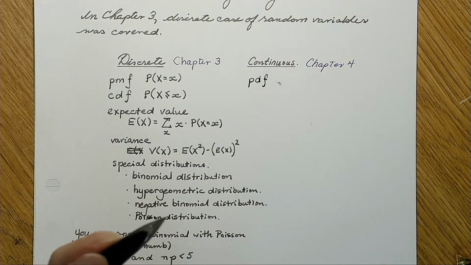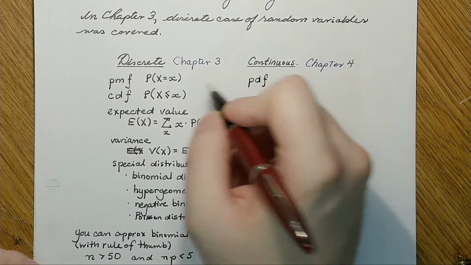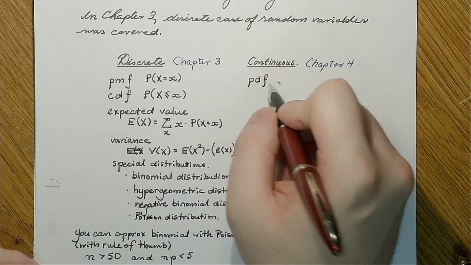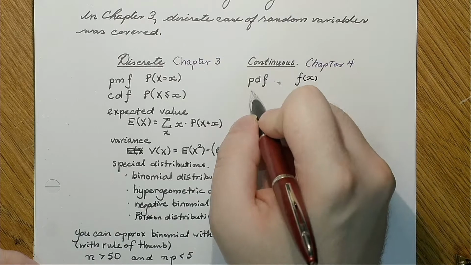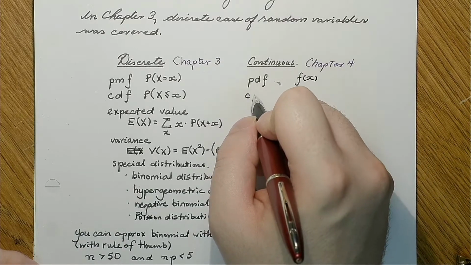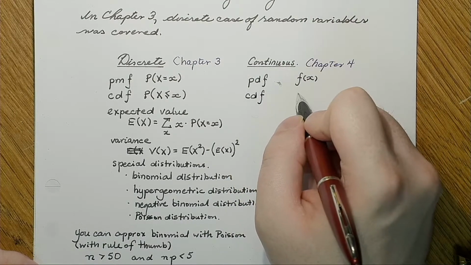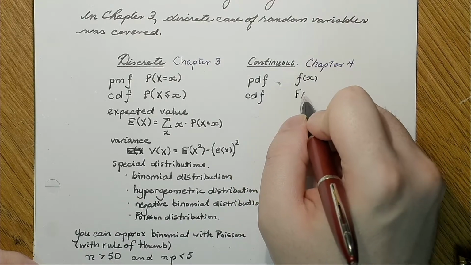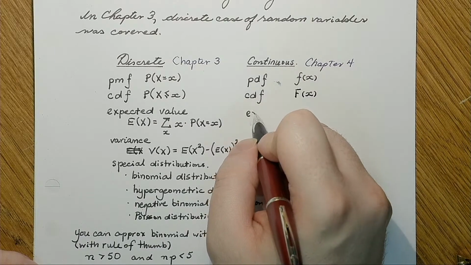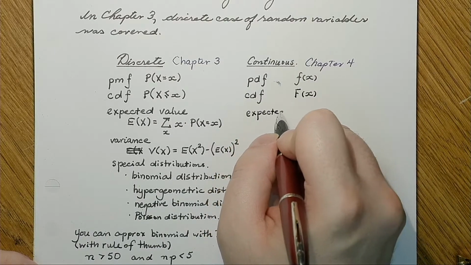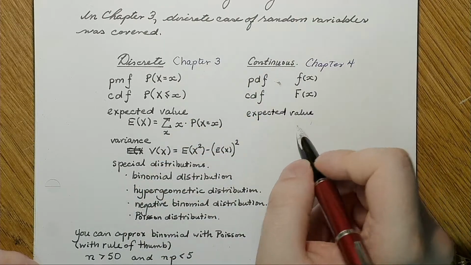Now don't get too worried about all the rest of the terms here. There's a PDF, and they'll usually use f of x. We'll have a CDF, and they'll use a capital letter F. When we get to the expected value, we're not summing over discrete values anymore.